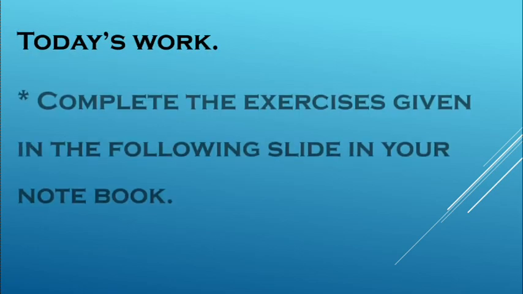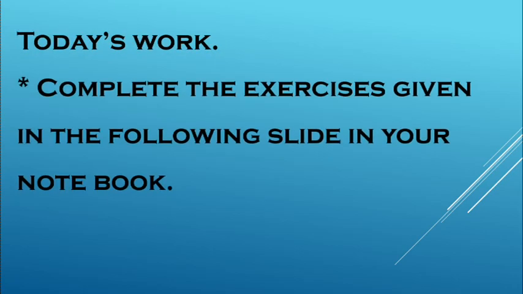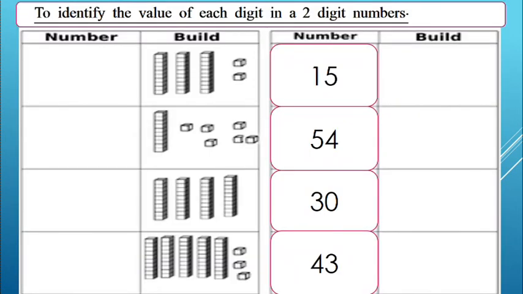Today's work. Complete the exercise given in the following slide in your notebook. I hope now everyone has understood the concept of zero and partitioning the following 2-digit numbers into tens and ones. Right?